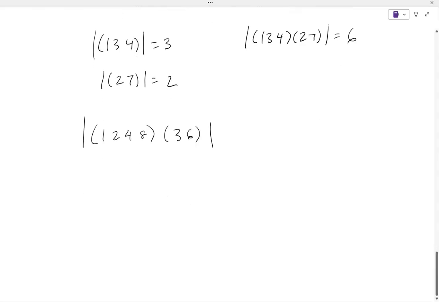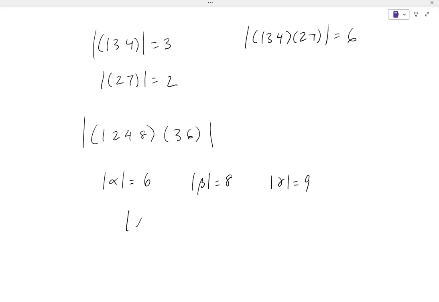So let's say that, or a lot of times they use Greek letters for permutations. So let's say your order of alpha is 6. Your order of beta is 8. Your order of gamma is 9.